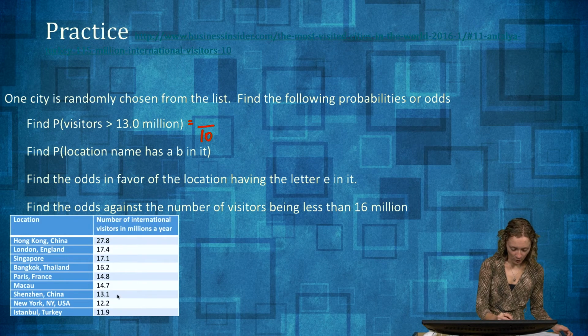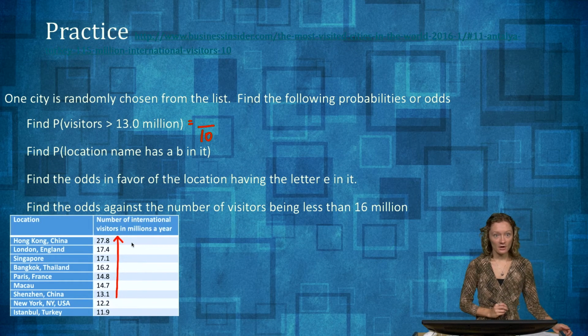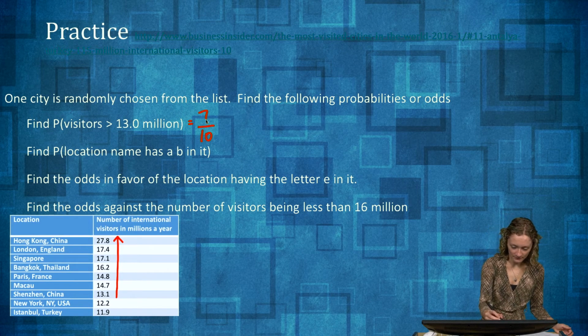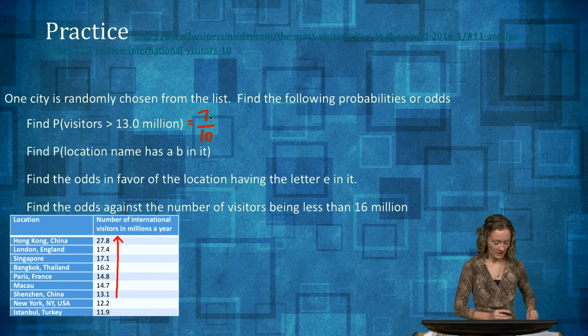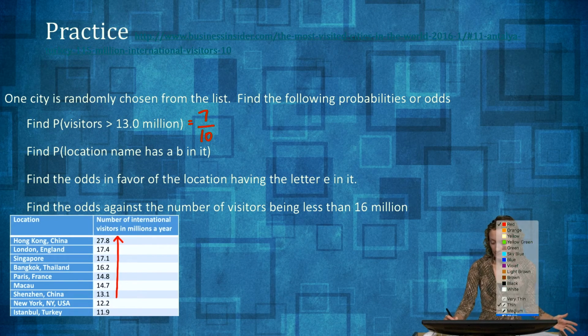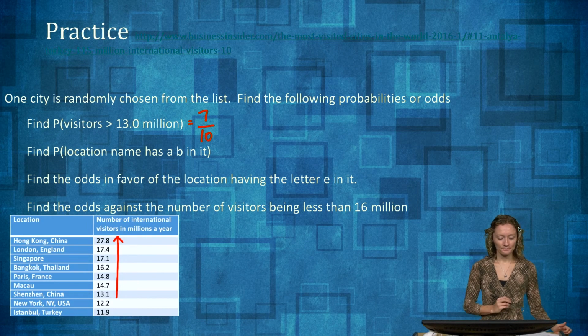It looks like they're in order, so I'm going to mark on here. All of these are visitors 13.0 and up. So we'll count. There are 1, 2, 3, 4, 5, 6, 7 that meet that criteria. So 7 out of the 10 have visitors more than 13.0 million. There's nothing we can simplify, so that's it.